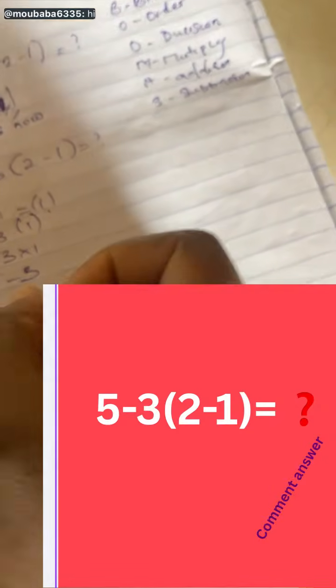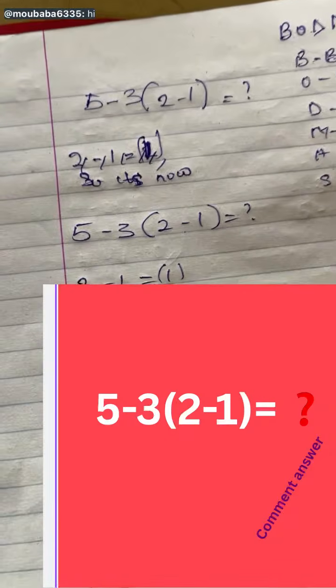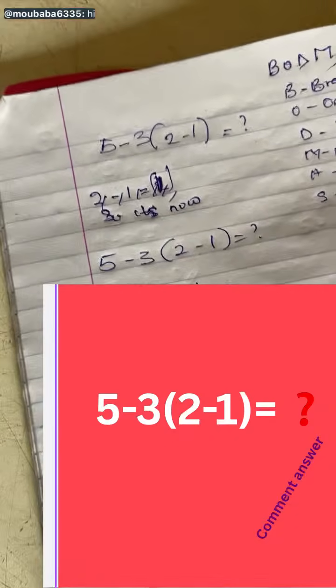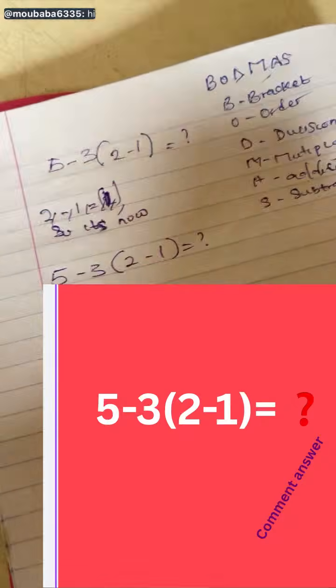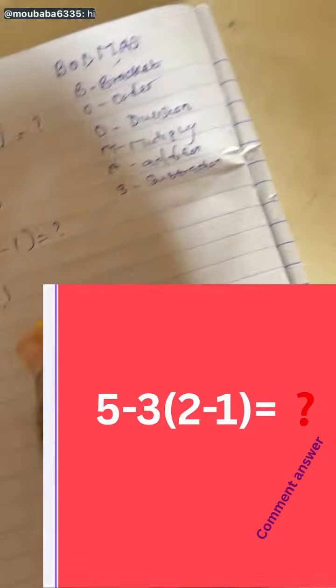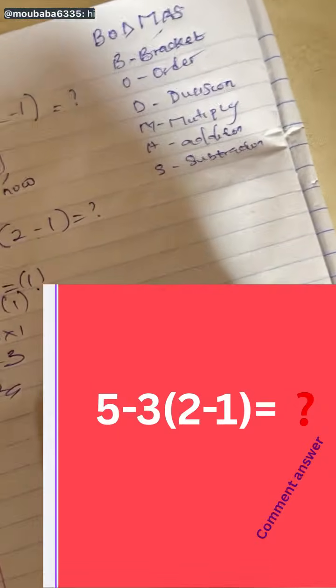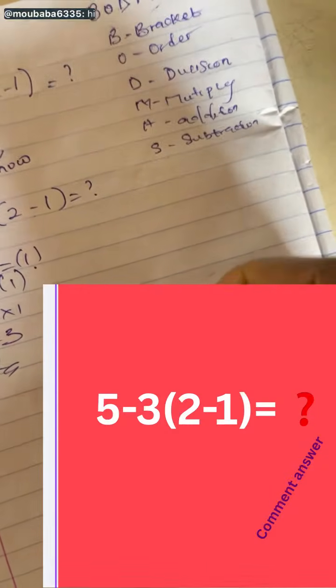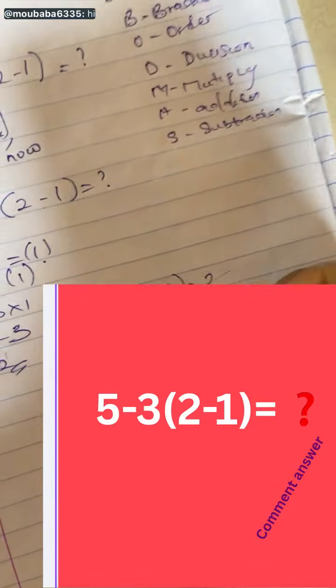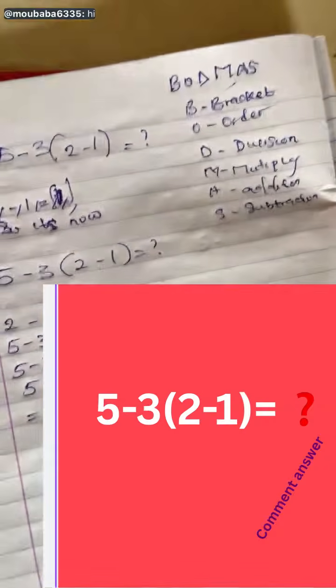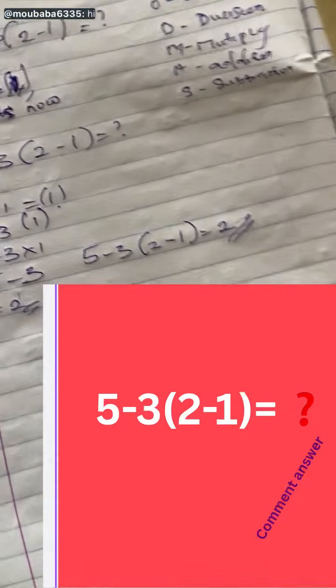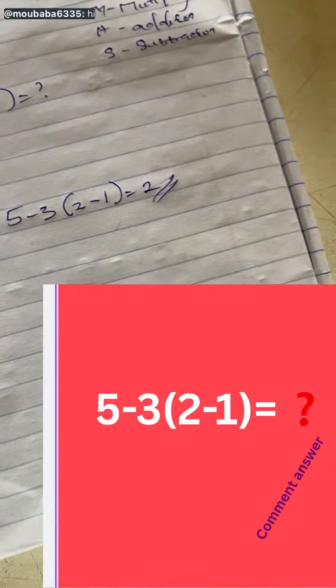We do 5 minus 3, which is going to give us 2. So that's the answer. 5 minus 3 times 1 equals 2. That is our answer. Any question before I move to another question?